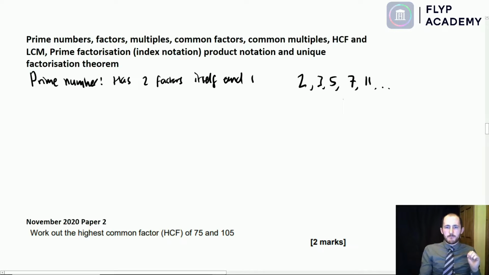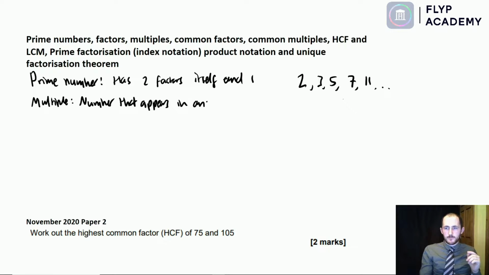Okay, a multiple is just a number that appears in another number's times table.